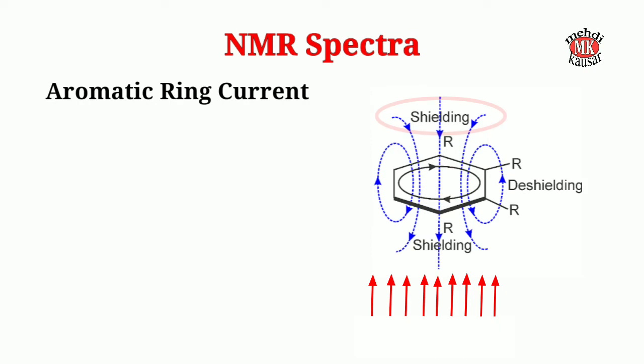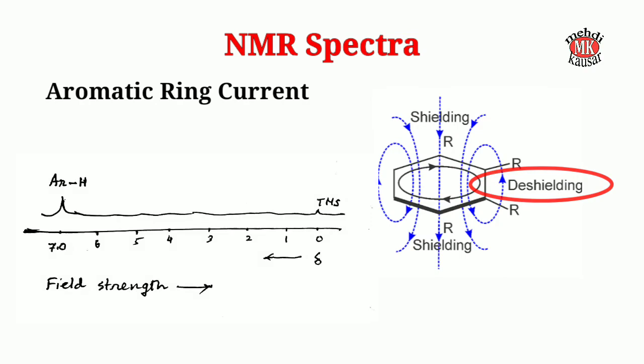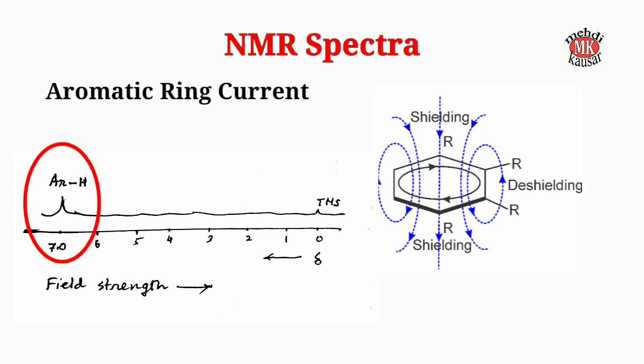On the other hand, outside the ring, the external flux density is parallel to the induced field, and hence the proton experiences a greater field strength than applied, and we observe a deshielding effect. As a result, the aromatic proton resonates at lower field, that means at higher delta value than other types of protons. Therefore, we get the peak for the aromatic proton at delta value around 7.0 in the NMR spectra.